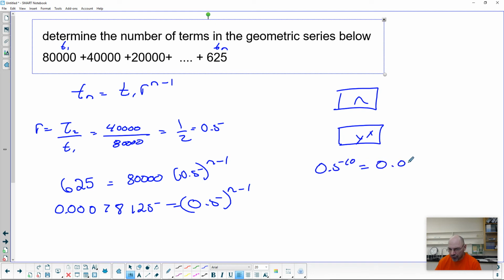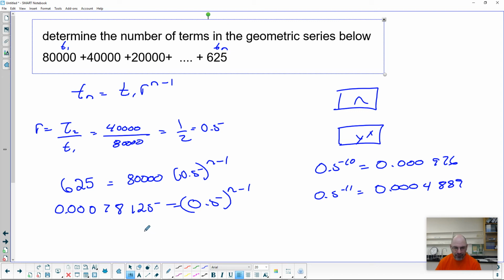It gave me 0.000976. So we're looking for a little bit smaller. Let's try 11. Okay, that's too small, so it's between 10 and 11. I'm just going to pick 10 because it's closer to that than 11 is.